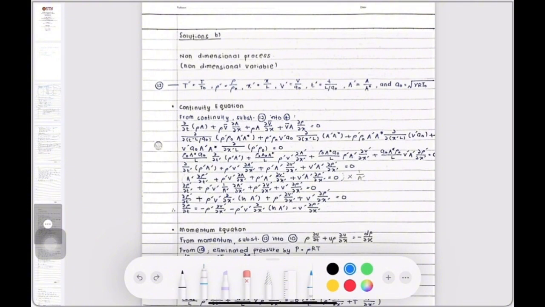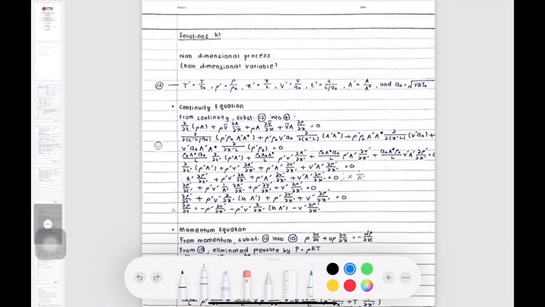Okay, next question B. By using appropriate non-dimensional variables, list the non-dimensional variables and derive the non-dimensional governing equations for the nozzle which is given.